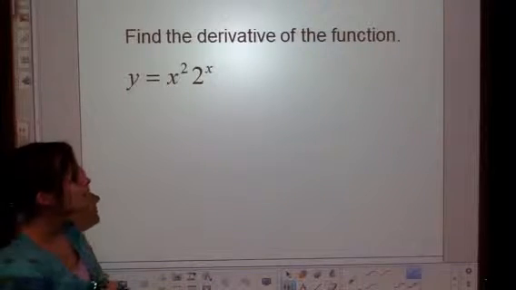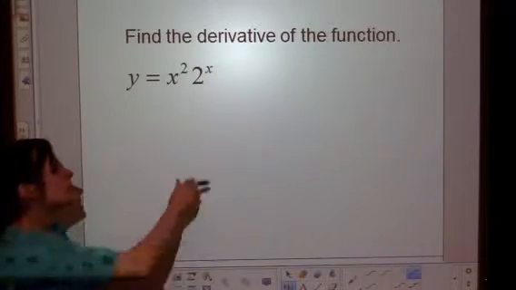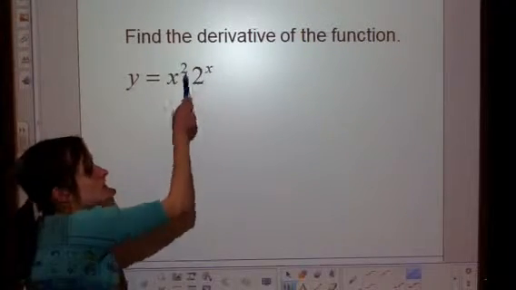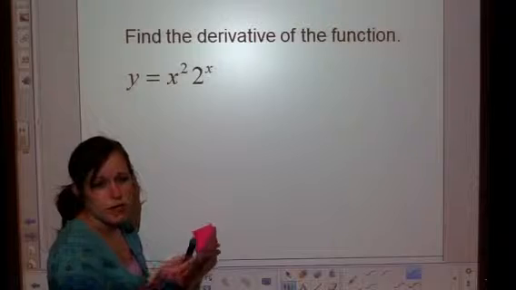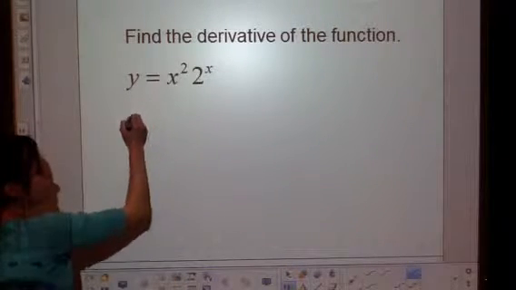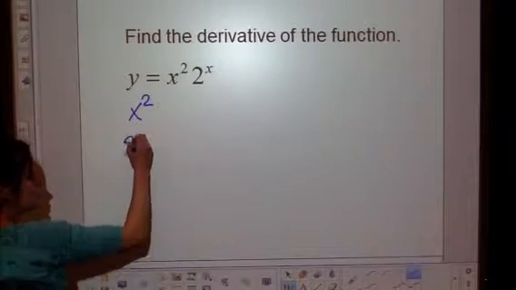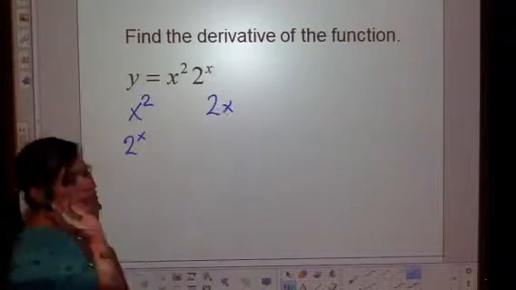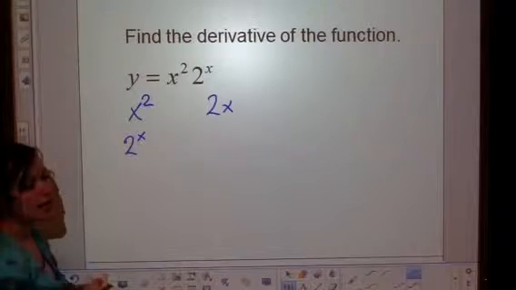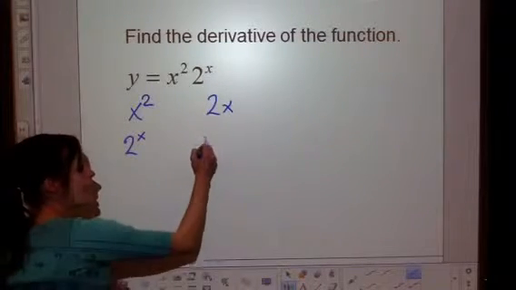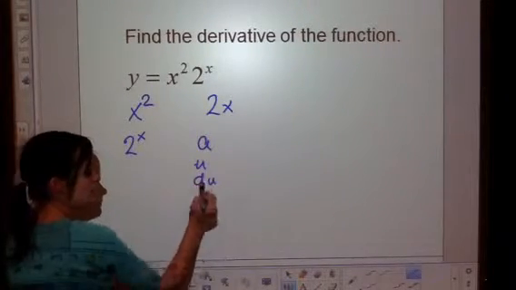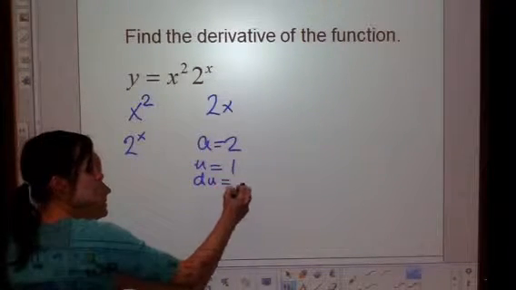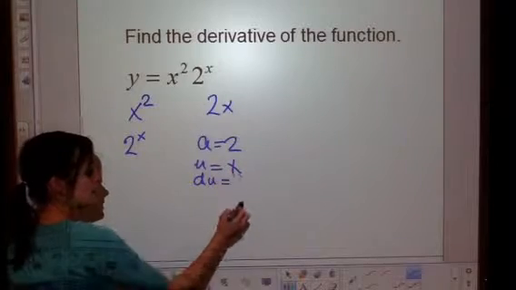What? Now we got x in a different spot. So we got x squared times 2 to the x. This is not a pure exponential, and you have x in 2 spots. You're going to have to do product rule. So x squared is your first term and 2 to the x is your second. x squared just becomes 2x, basic old rules. 2 to the x, however, you have to state what a, u, and du are. So a is 2, u is x, du is 1.